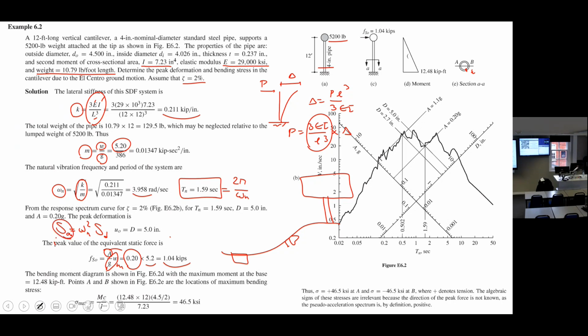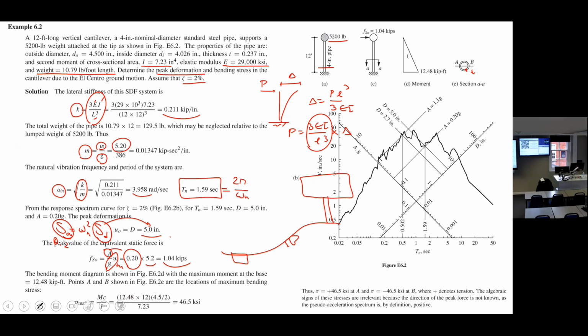If this is 0.2, and you have omega n here, you can calculate Sd, which will be 5 inches. Sd is the spectral deformation, and spectral deformation is the maximum response, because it is asking to determine the peak deformation.